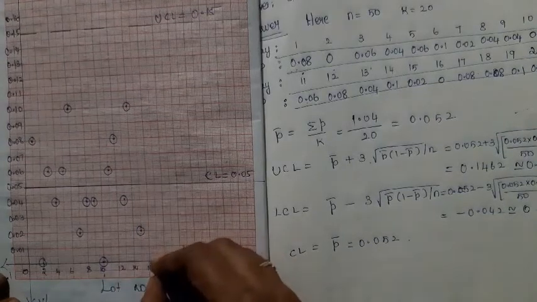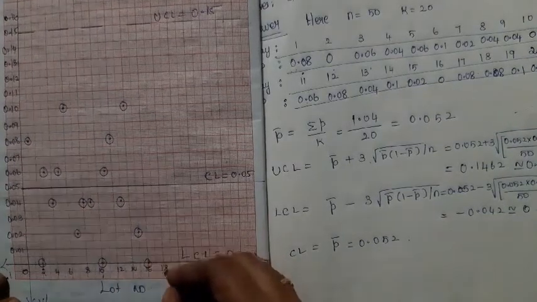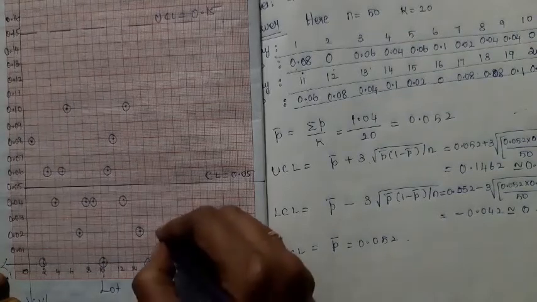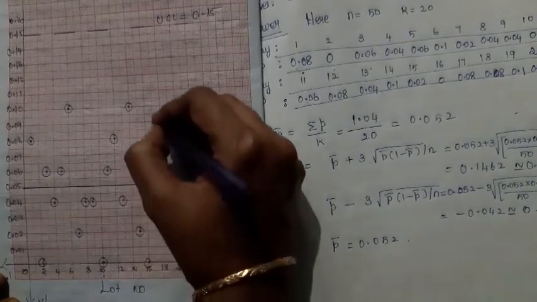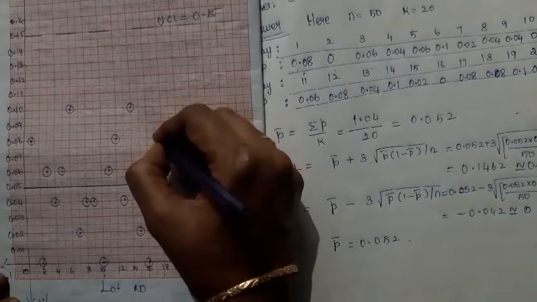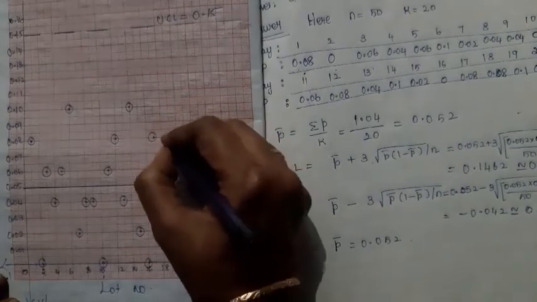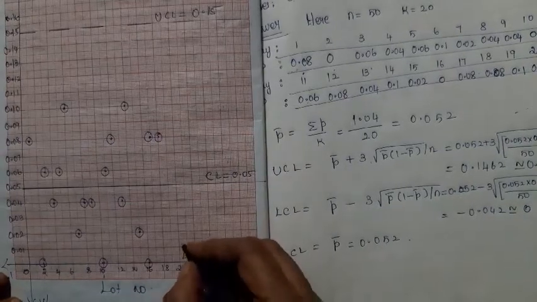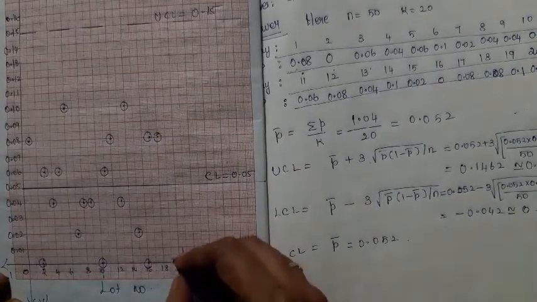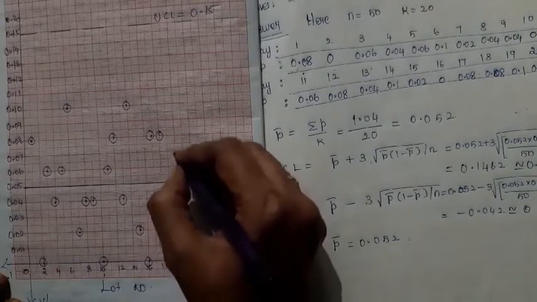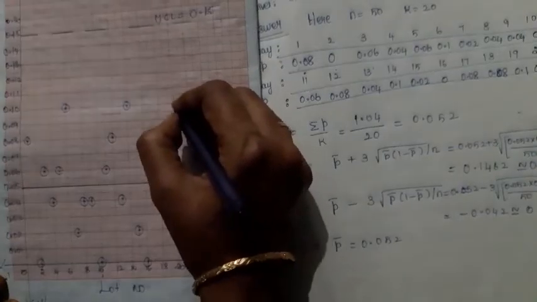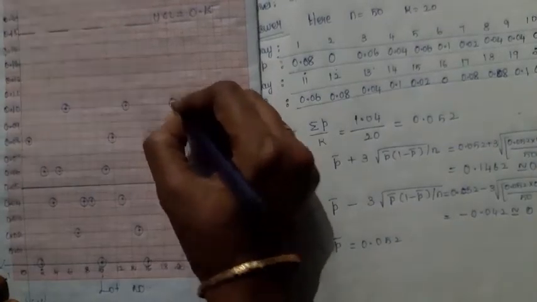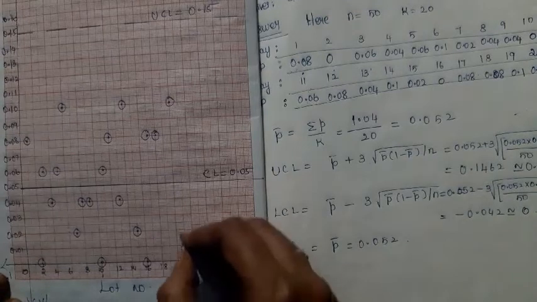For 16th day it is 0. For 17th day it is 0.08. For 18th day it is 0.08. For 19th day it is 0.1. For 20th day, it is 0.04.